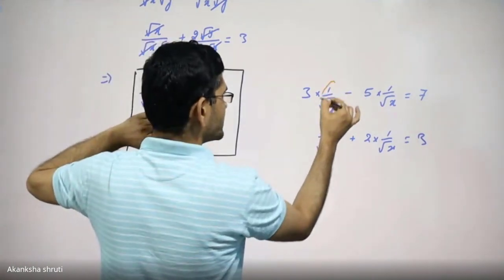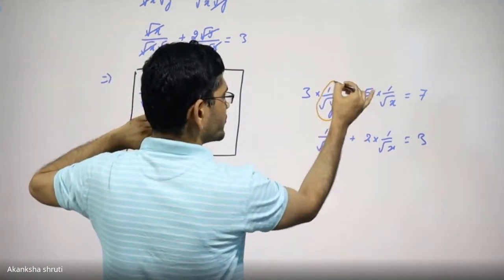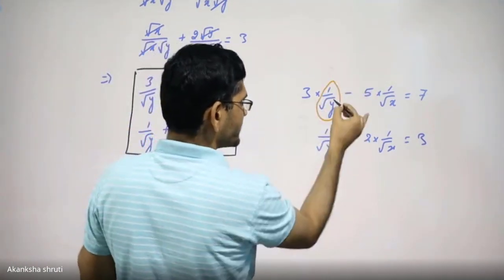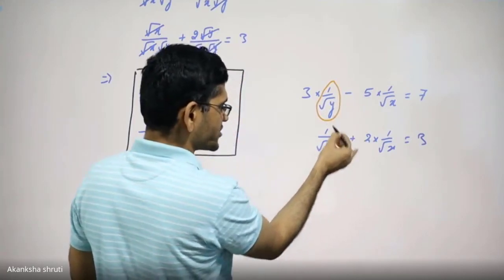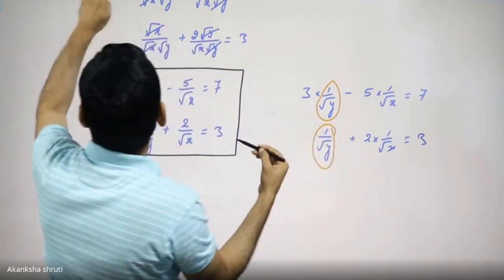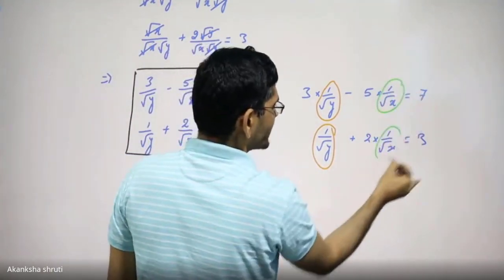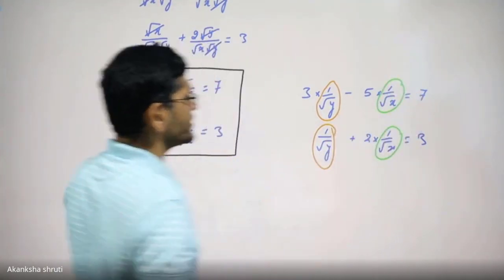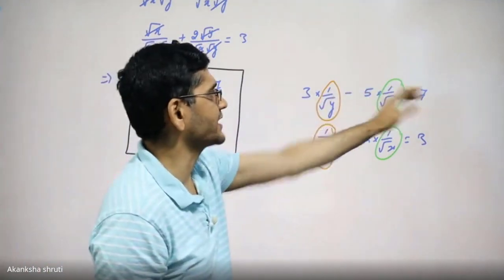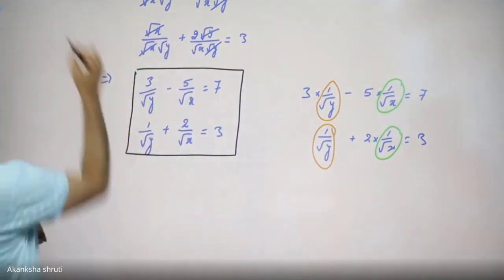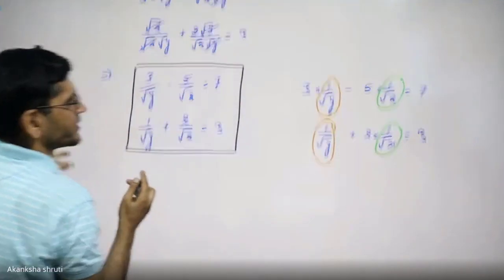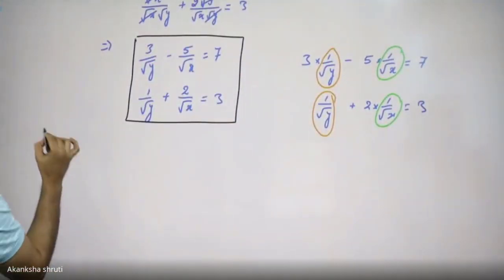1 by root of y, and because the same 1 by root of y is present here also, the other 1 by root x, the same 1 by root x is present here also. These constants will act as their coefficients. From here we have decided the substitution.